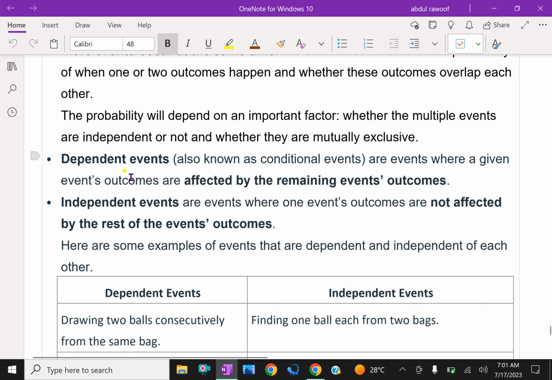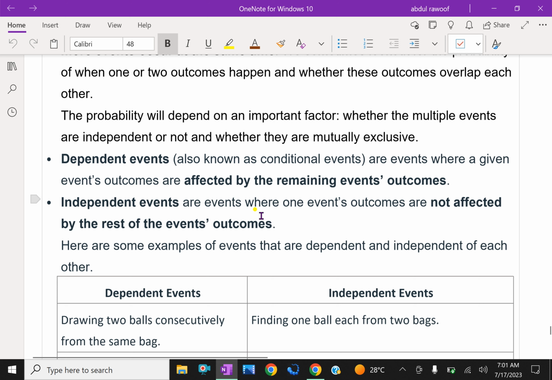First, dependent events, also known as conditional events, are events where a given event's outcomes are affected by the remaining events. That means when you calculate the probability of selecting something, that probability is also affected by the other outcomes.